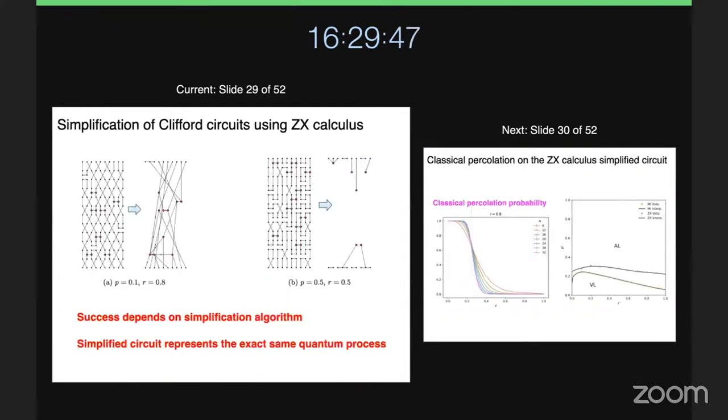Here you can see my student applied these simplification rules. You can see that at low p, we're deep in the volume law phase. The simplification doesn't work. You end up with an equivalent network which is connected but different. But if you're deep in the area law phase, it just disconnects completely.